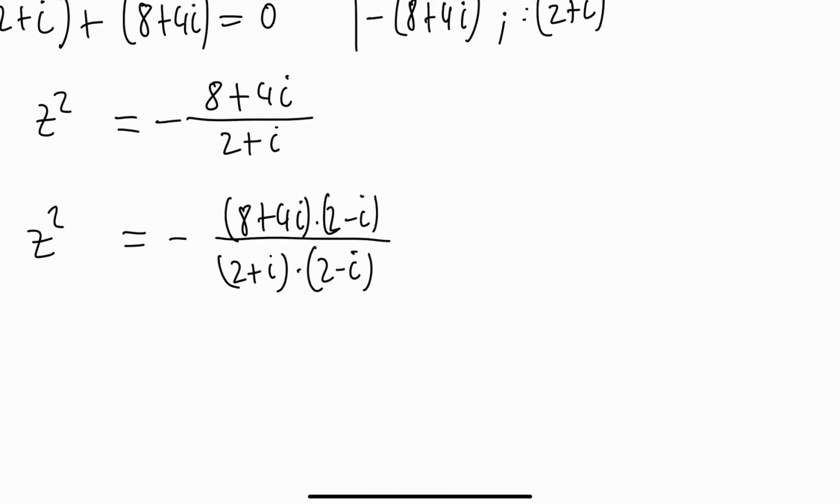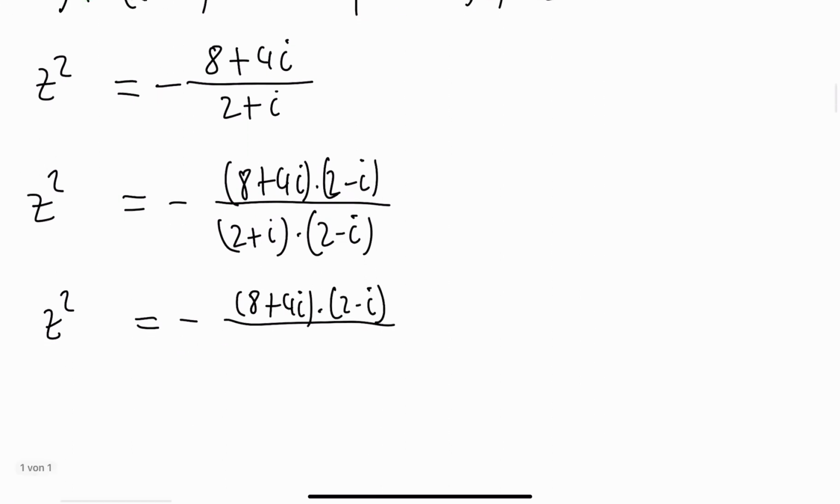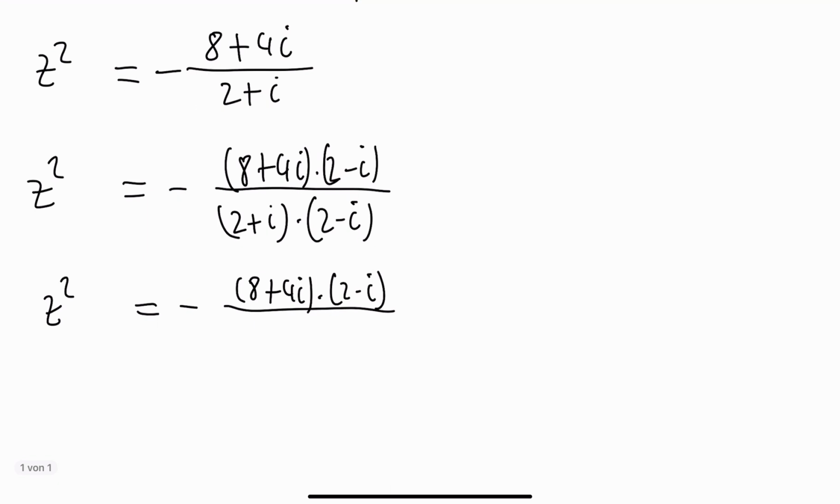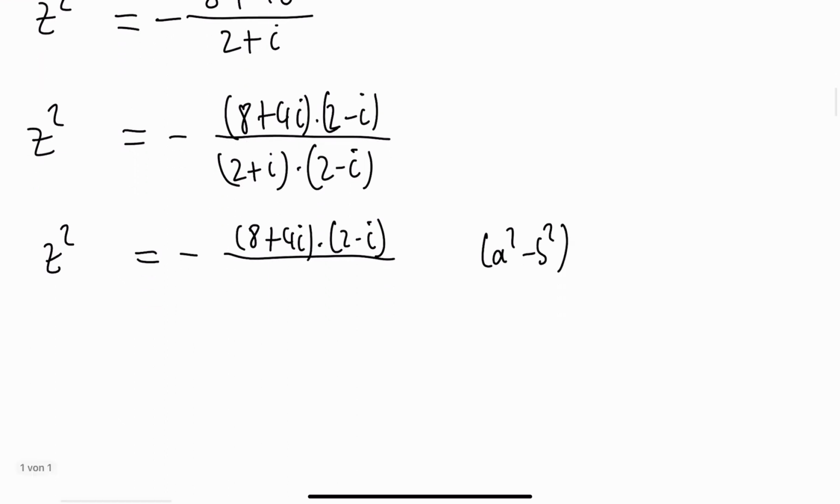And maybe this looks familiar here. So this equals minus (8 plus 4i) times (2 minus i). And here we can use this a squared minus b squared in this case here.